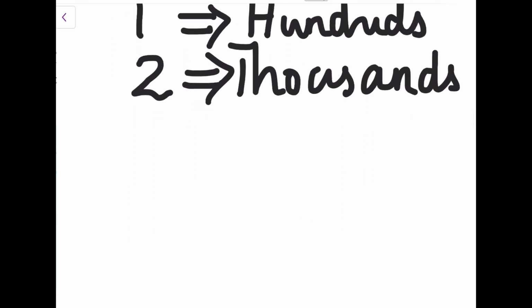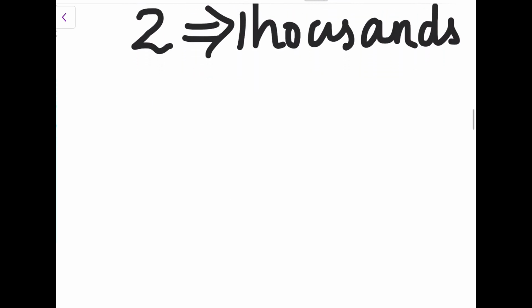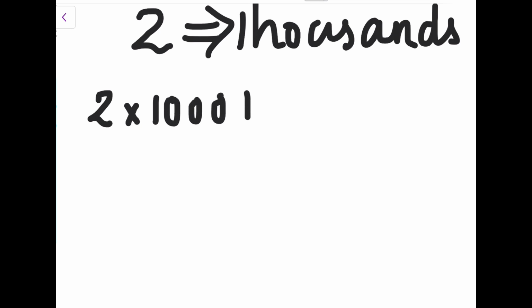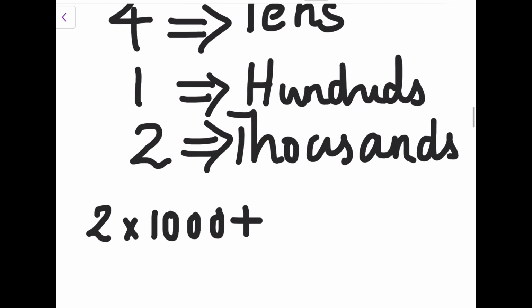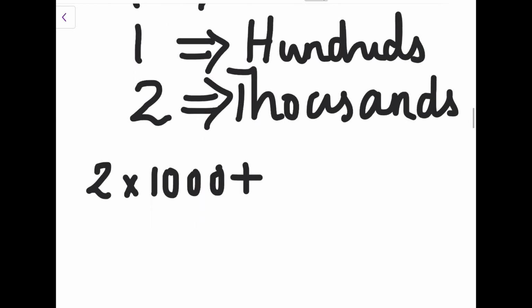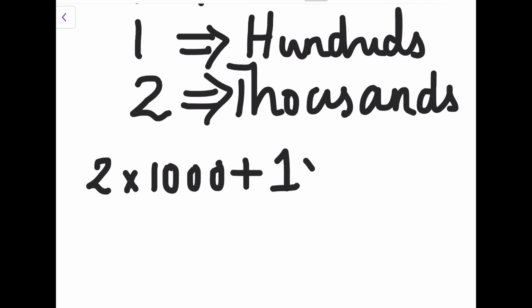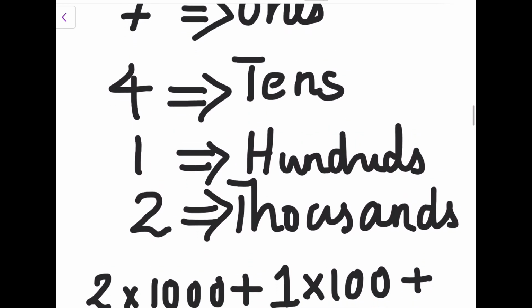Now let's write the expanded form of this. How to write the expanded form? Let's write 2 into 1000 plus how many hundreds? 100. So we will write 1 into 100 plus, then 4 tens.